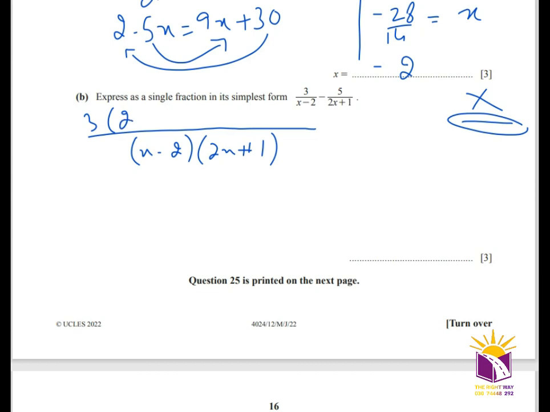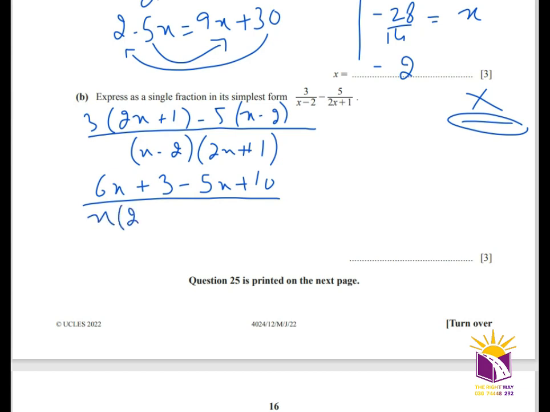3 multiplied by (2x plus 1) minus 5 multiplied by (x minus 2). 3 2 time 6x plus 3 1 time 3, minus 5x, minus minus plus 5 2 time 10, divided by x multiplied by (2x plus 1) and minus 2 multiplied by (2x plus 1). 6x minus 5x will be equal to x, and 3 plus 10 will be equal to 13, divided by 2x squared plus x minus 4x minus 2.